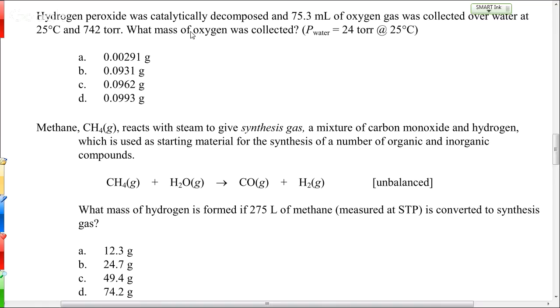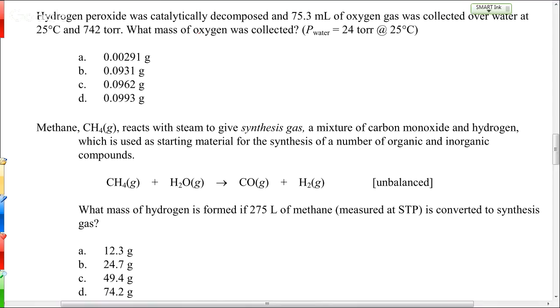All right, should we look at this first one? So how'd you go about this one? Where'd you start? Got to find moles.